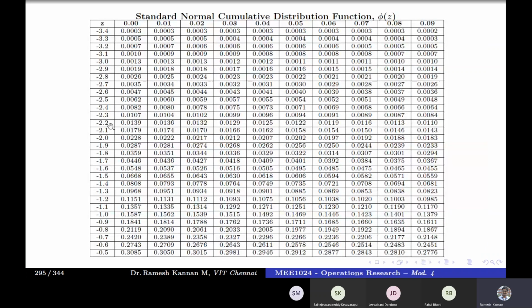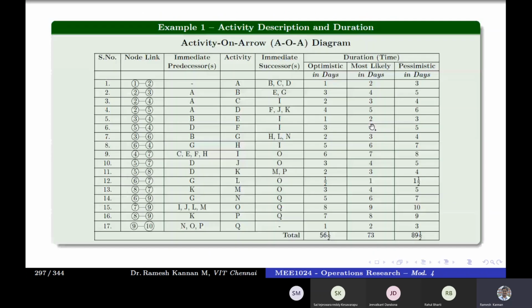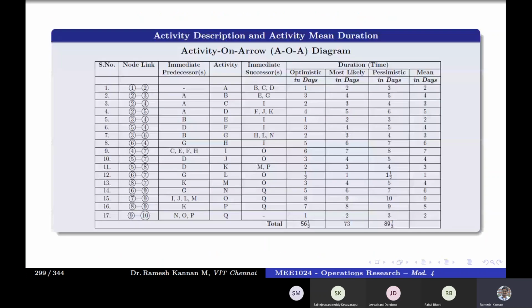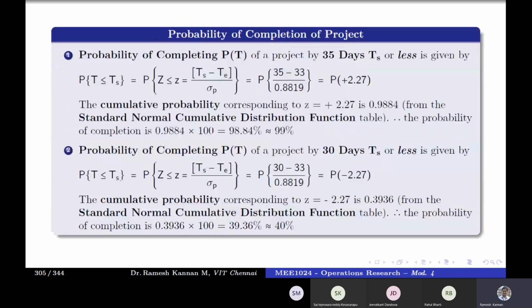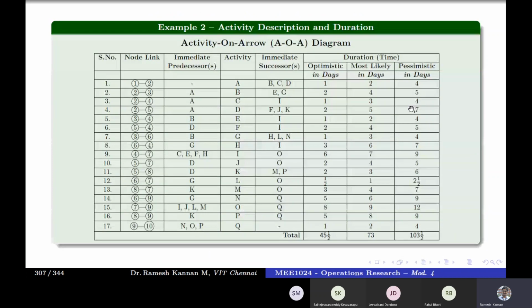When it is 2.2 and 7, here it is just 0.0116. If you multiply by 100, it is just about 1%. So the probability of completion is very, very low. Okay. So this is how you make the analogy in terms of PERT problems.